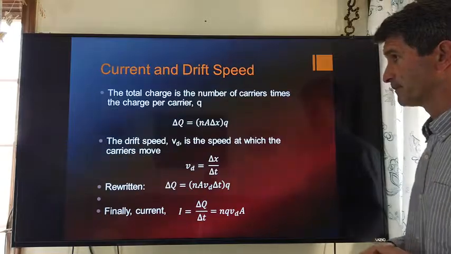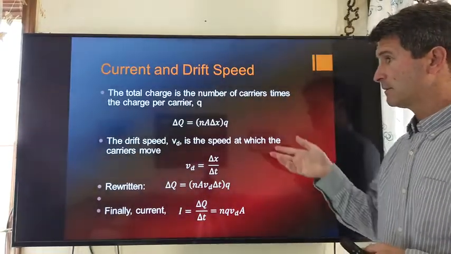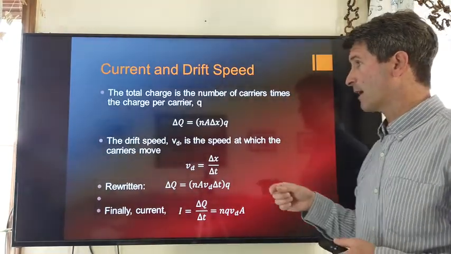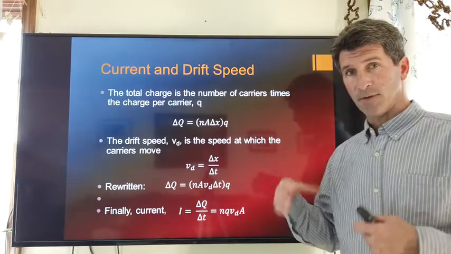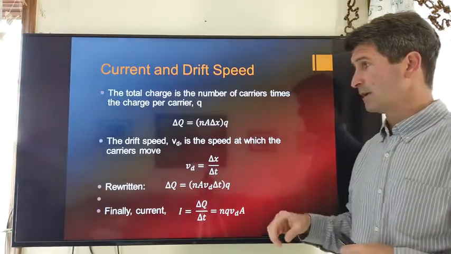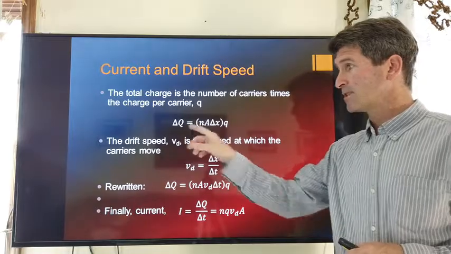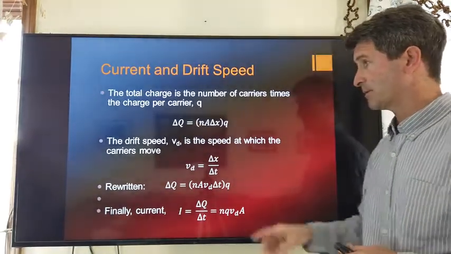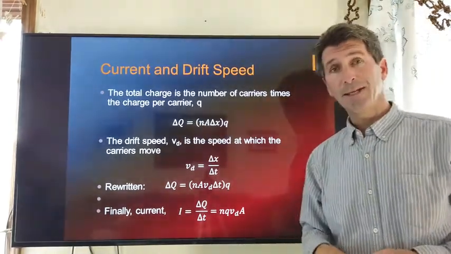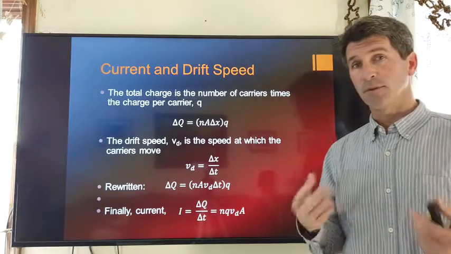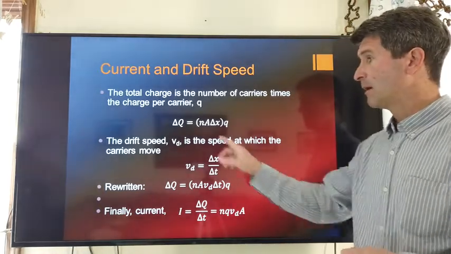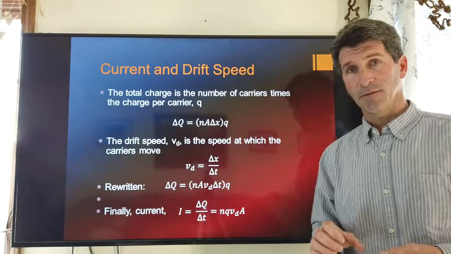We're really trying to analyze how these charge carriers are moving in terms of their average velocity. Now, if we look at the total number of carriers in this cylindrical volume of the wire, the number of charge carriers is going to be equal to this small n. That is the carrier density, the number of electrons per meter cubed. A is the cross-sectional area of the wire.